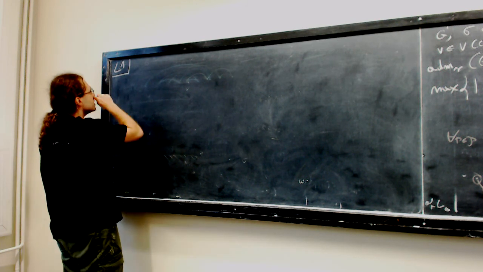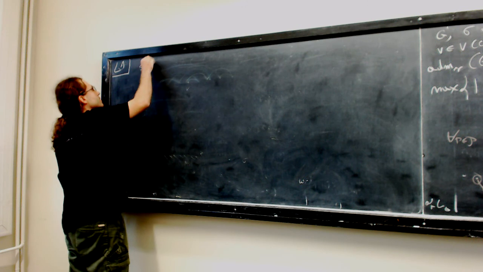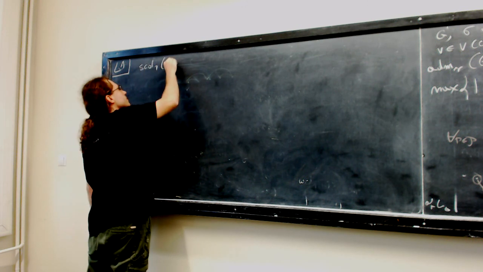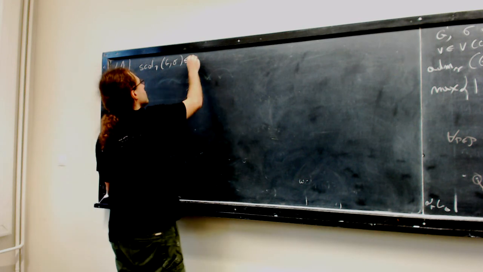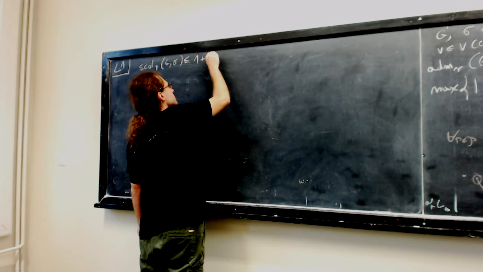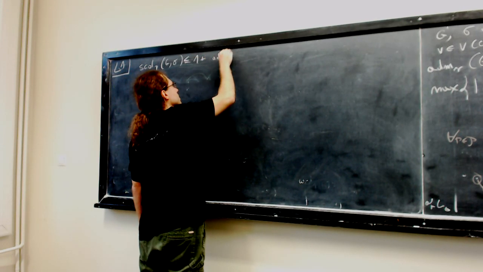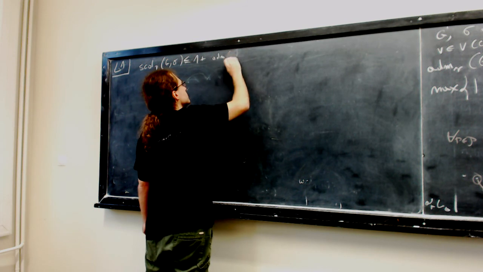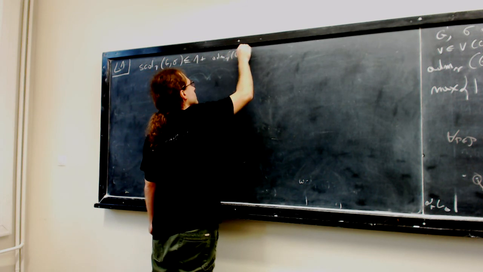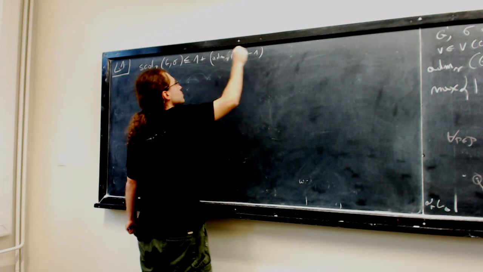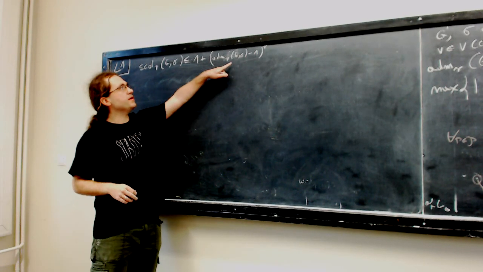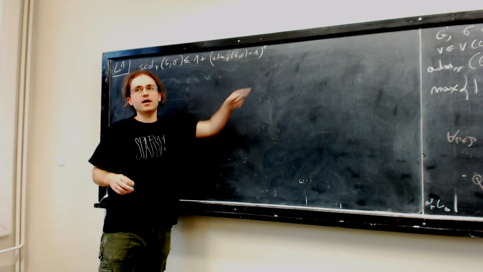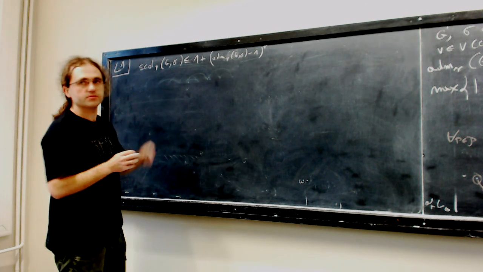I want to say that the strong coloring number r of G sigma cannot be larger than 1 plus the admissibility r of G sigma to the power r. So there's power r here, yeah? So if this is tiny, then tiny to the power r, we think constant, so this is also small.